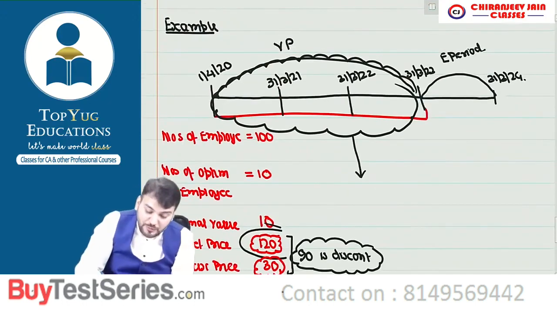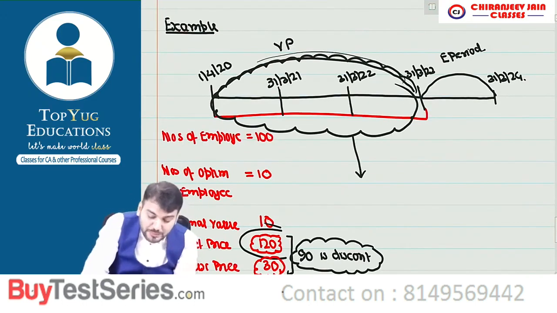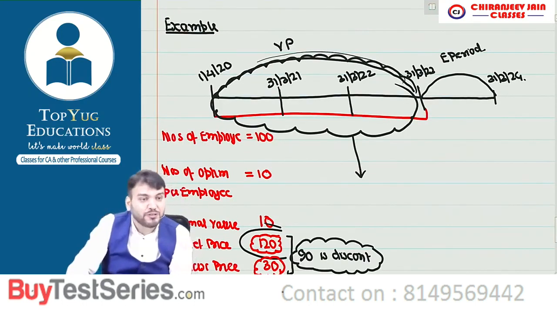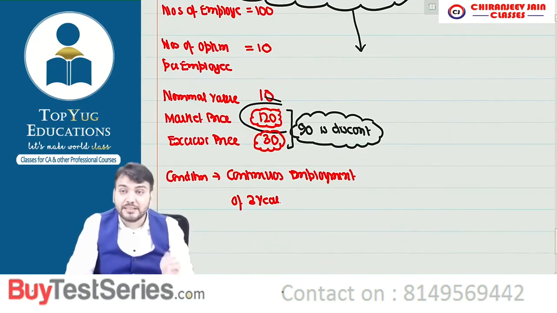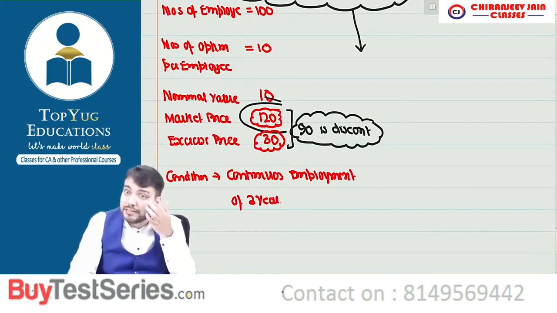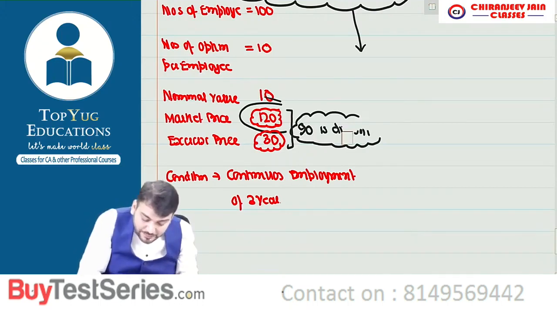Vesting period. Because if the employee does not leave the job, they will work. A motivated employee will work, and it will help in increasing the benefit of the entity. Can I say in this case this 90 is not a discount.